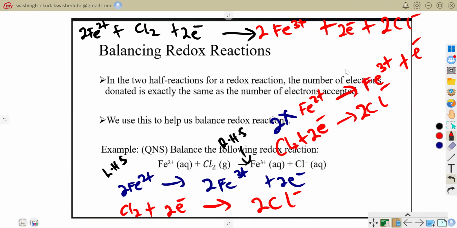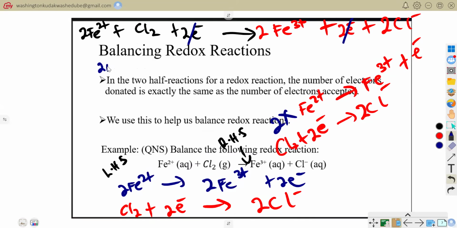After having those, this is where we say that we now get to come and cancel out these electrons, because we have got 2 electrons on the right hand side, 2 electrons on the what? On the left hand side. If that is the case, we now get to rewrite this equation as one balanced equation.